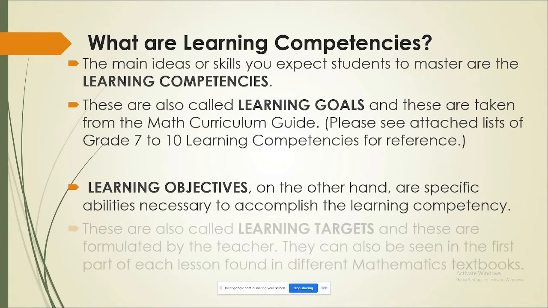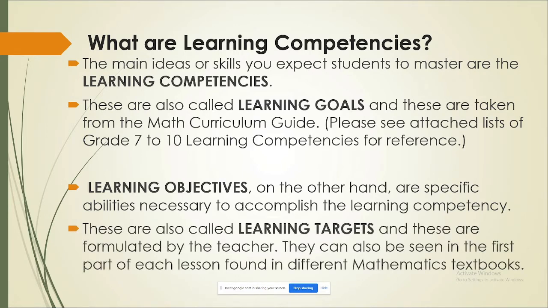These are the specific abilities necessary to accomplish the learning competency, also called learning targets. They are formulated by the teacher. They can also be seen in the first part of each lesson in different mathematics textbooks.